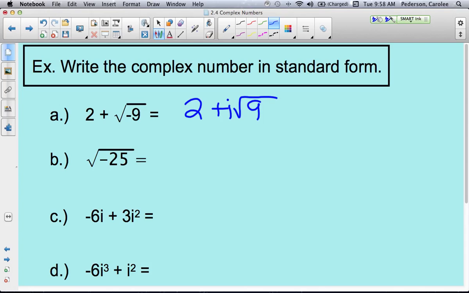Some of you might just jump to this, which is fine, and not have that middle step. Square root of 9 is 3. So my real part, then my imaginary.